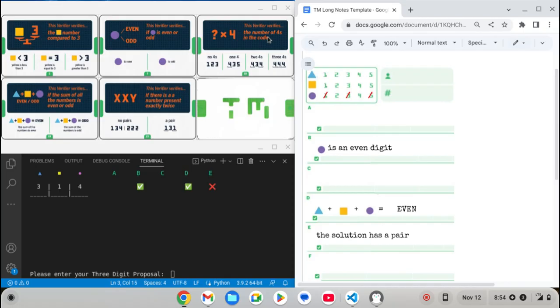So the question is, how can we figure that out? The number of 4s is just 1. And that would mean potentially that it could be 4 for circle. That leaves a lot of possibilities for triangle and square, right?